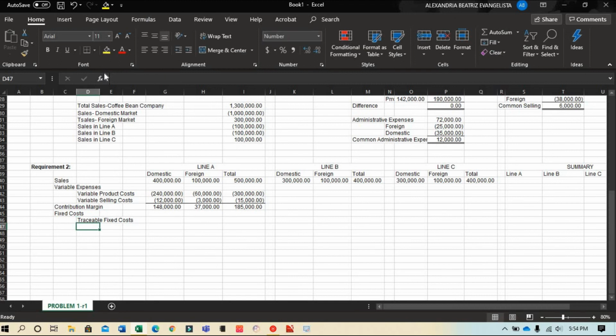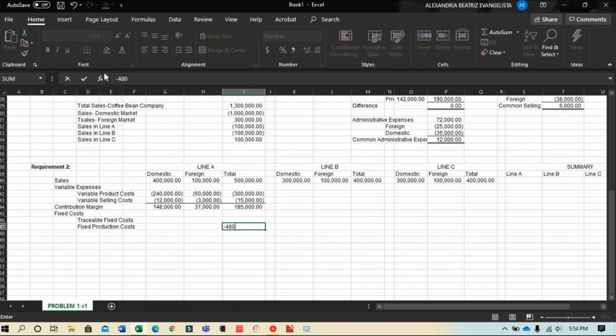For this report under line A, the only traceable fixed cost is the fixed production cost, which is the machinery that is included in the cost of goods sold, which is $48,000.